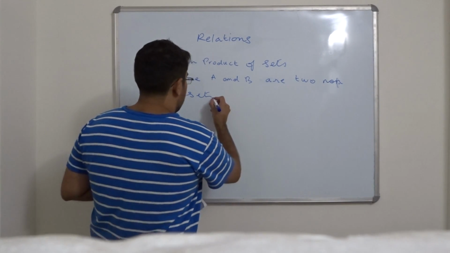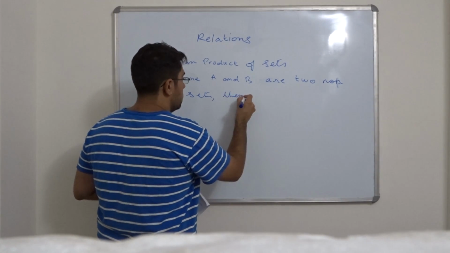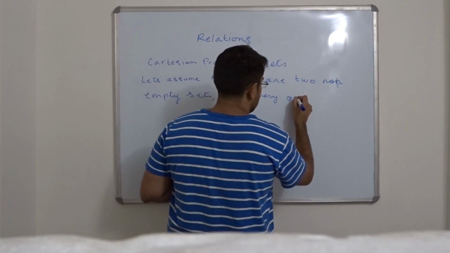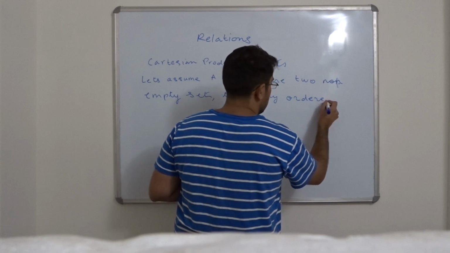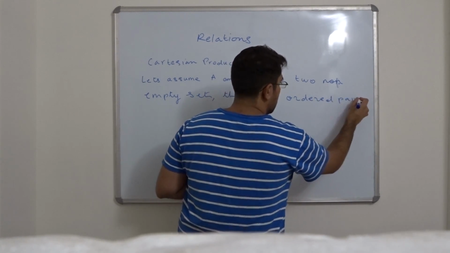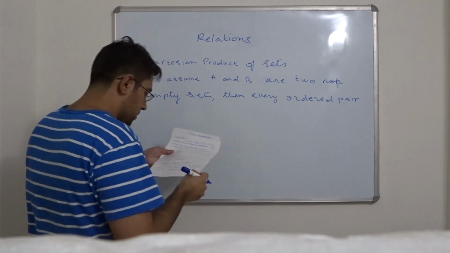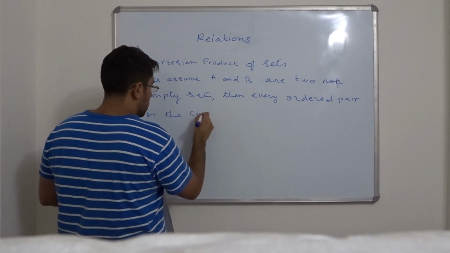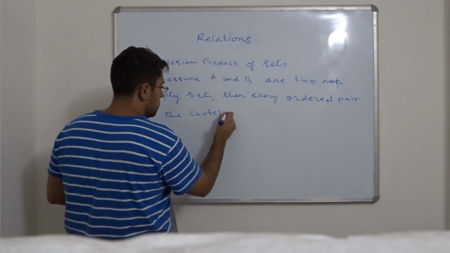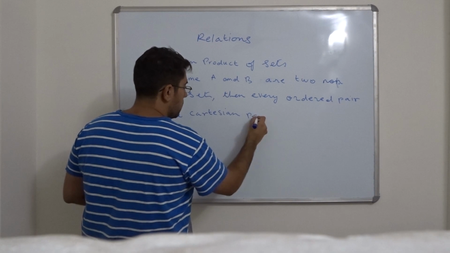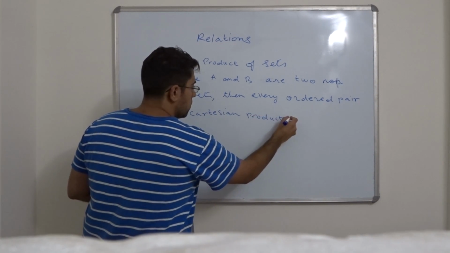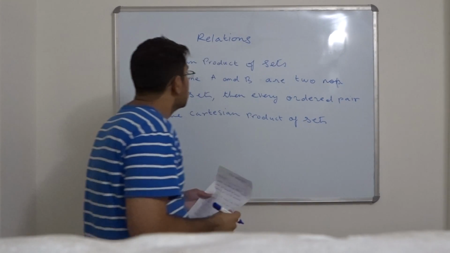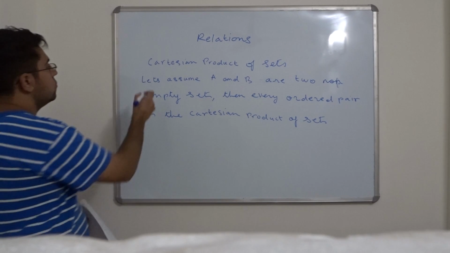Then every ordered pair is the Cartesian product of sets.